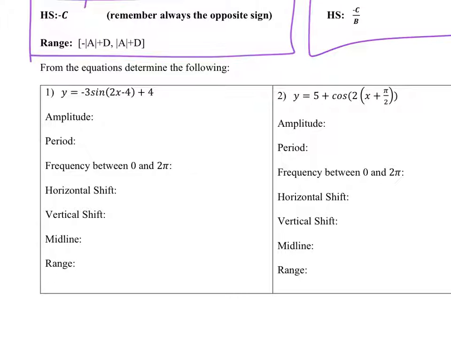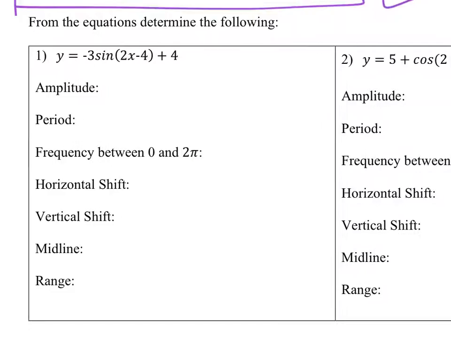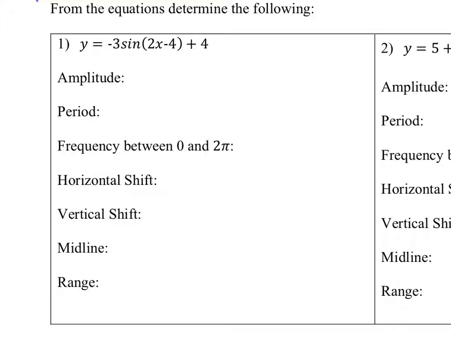So looking at this, can we find these things from specific examples? So let's go here. All right, so here we go. What's the amplitude? Well, the amplitude is the absolute value of A. So it's 3. The period is 2 pi over B. Well, B is the thing that's closest to the X there.